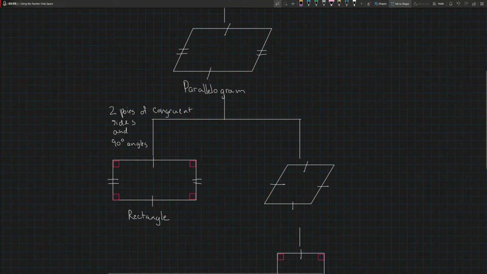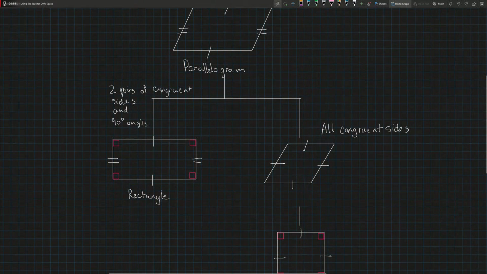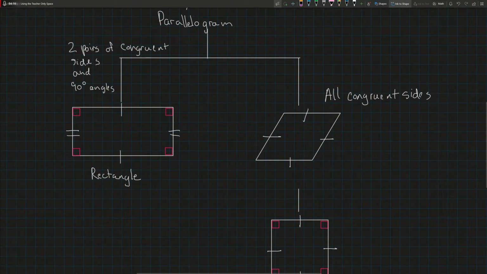Moving on to the next branch, if we have all congruent sides and angles that are not necessarily 90 degrees, we have a rhombus. You can think of this as a slanted square.